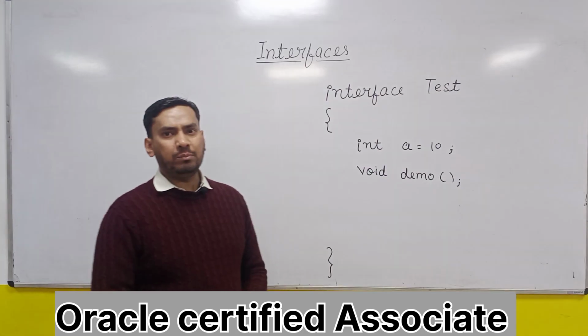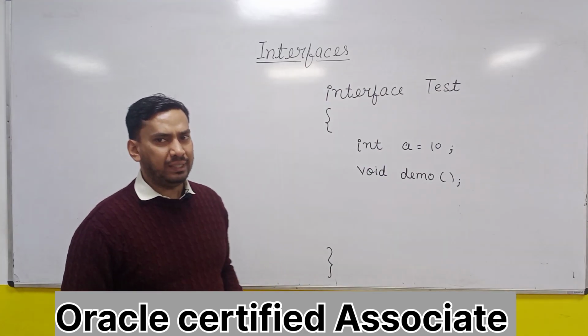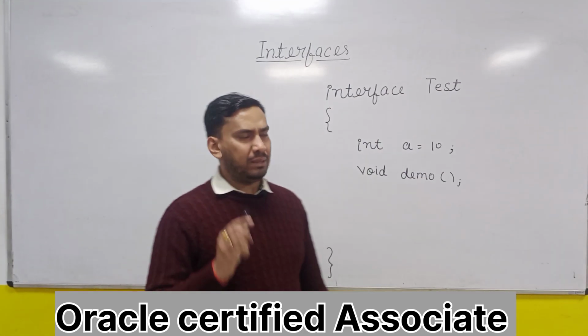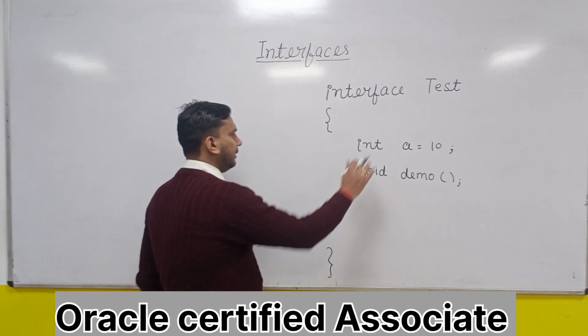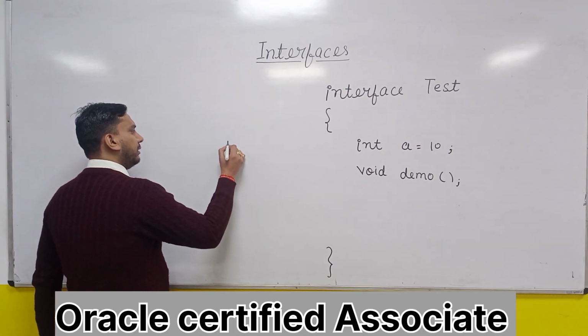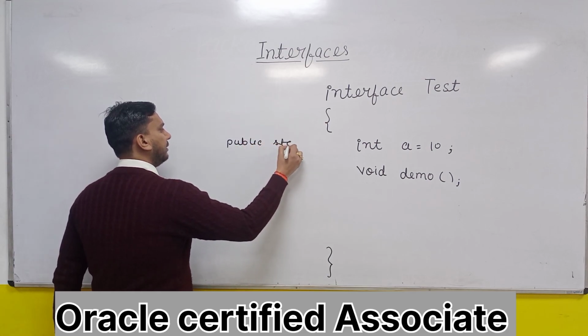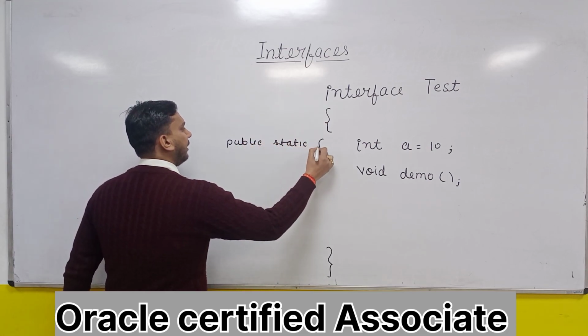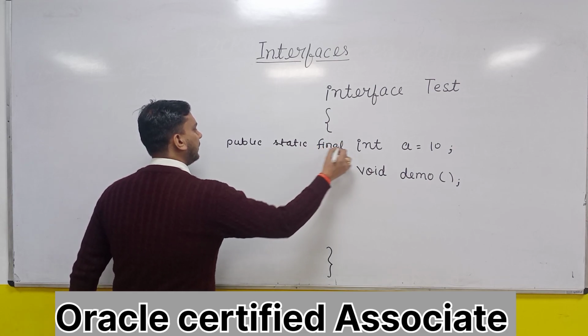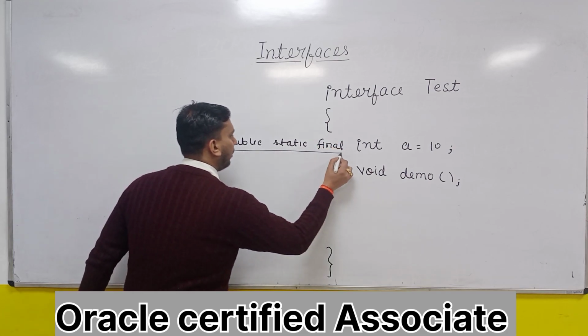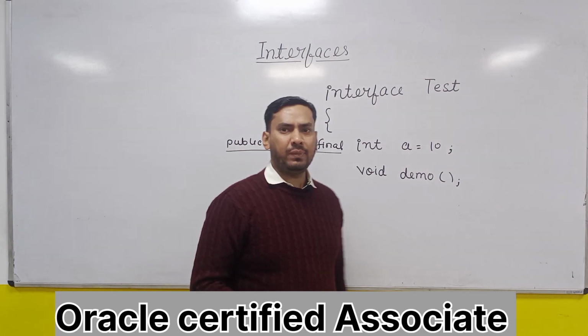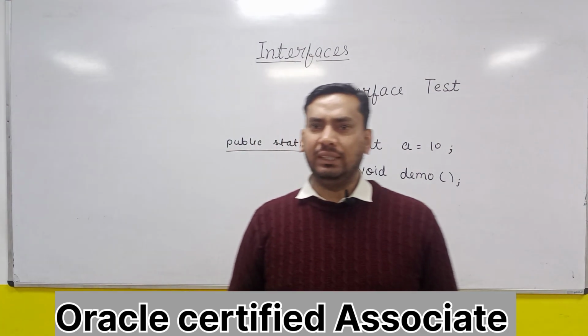This data member is not a variable. Every data member inside the interface was by default public, static and final. Whether you write it or not, it will become public, static and final.